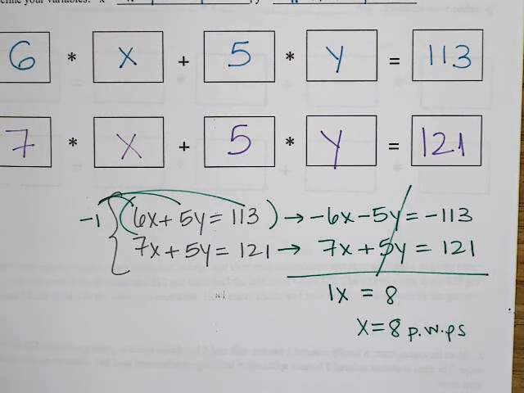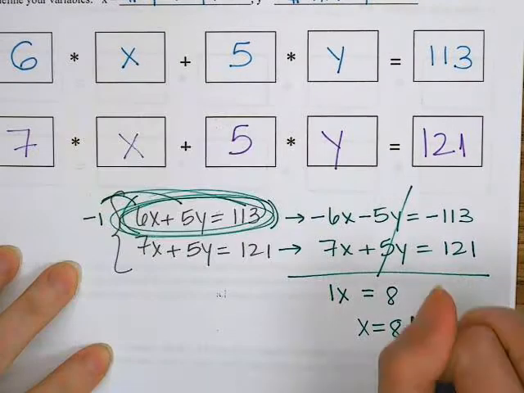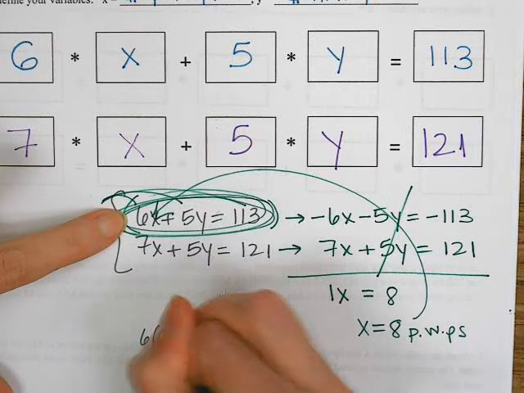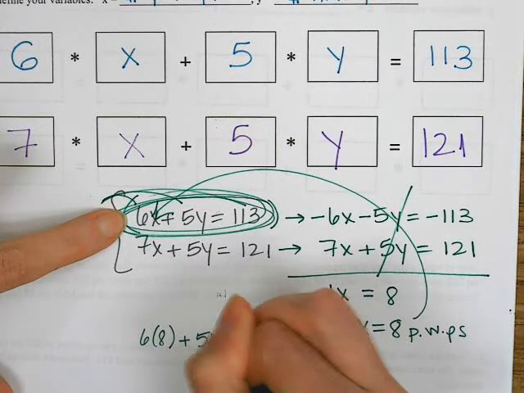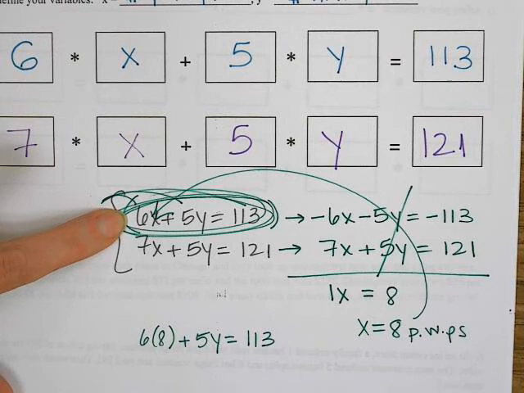Now we got to plug it back in to find y. All right, so I'm going to use this one. It doesn't matter. And if x is 8, we'll plug it in. So it's 6 times 8 plus 5y equals 113. And then we can solve for y.